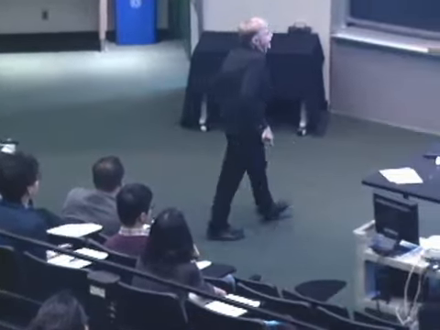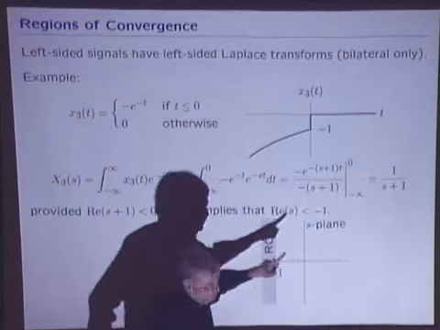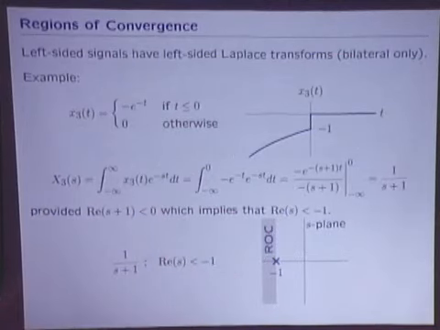So now I get the same functional form exactly, but a region that's on the other side. That's one of the central differences between the bilateral and the unilateral transform. I need to tell you the region of convergence for you to know which of those 2 functions I'm talking about.